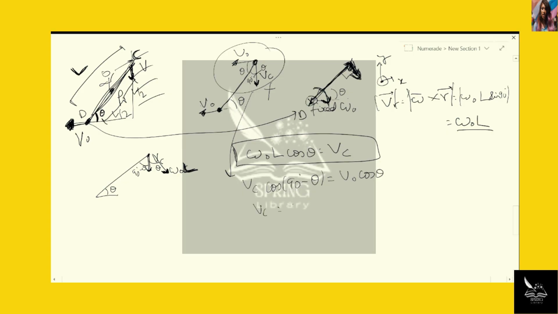So VC equals V naught cot theta, because this is sine theta and this will go and divide here, cos theta by sine theta. Cos theta by sine theta is cot theta. So this is the other equation. So now hence we get omega naught L cos theta equals V naught cot theta, which is just cosine theta by sine theta.